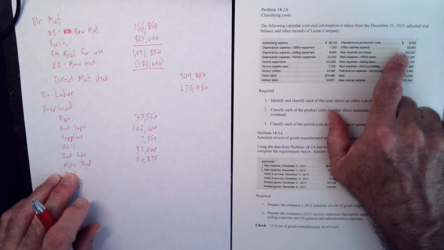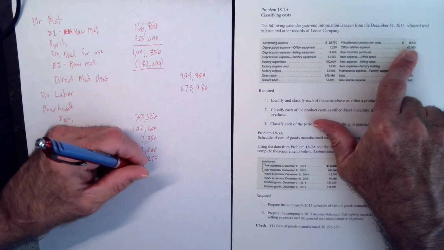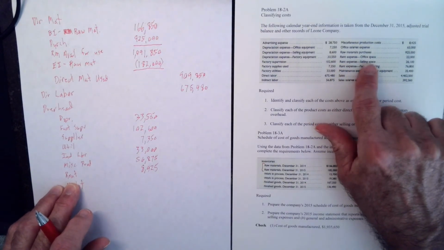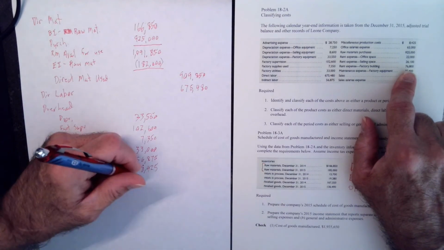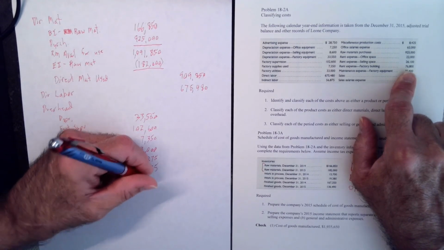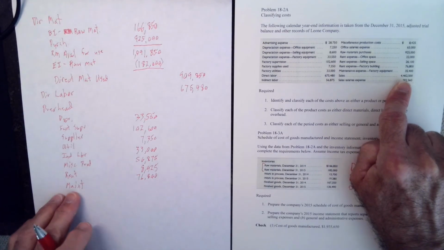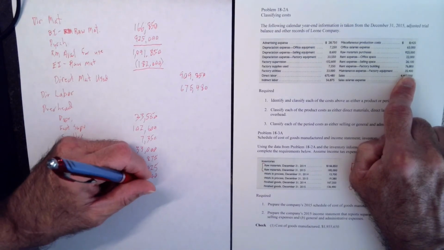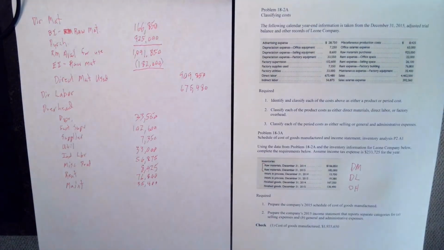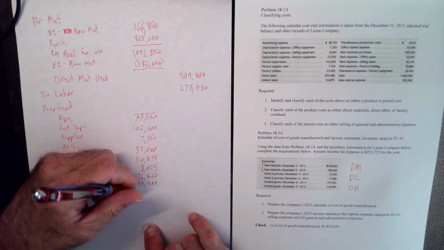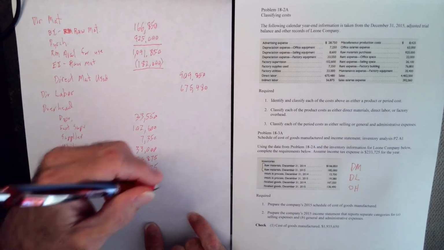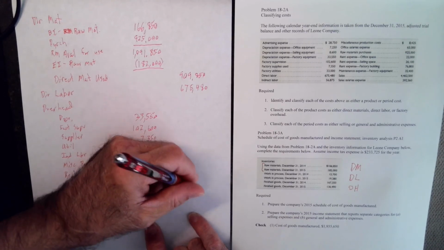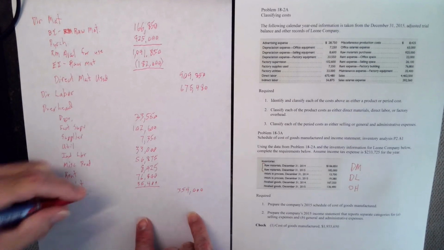Miscellaneous production cost, 8,425. Rent for factory building, 76,800. And last but not least, maintenance expense, 35,400. All of that totals up, and so my overhead is going to be 354,000 even. Wow, we came up with an even number. What are the odds of that happening? Okay, so that's going to be total overhead.